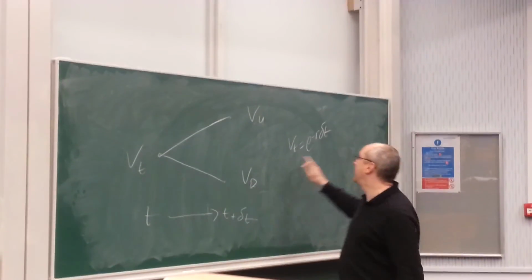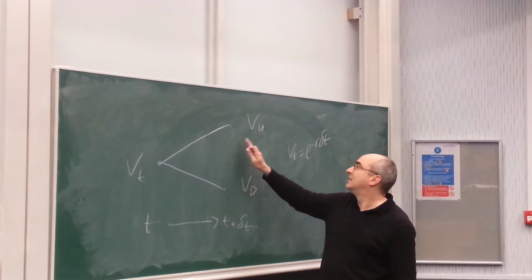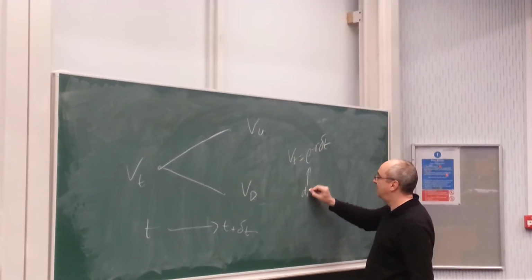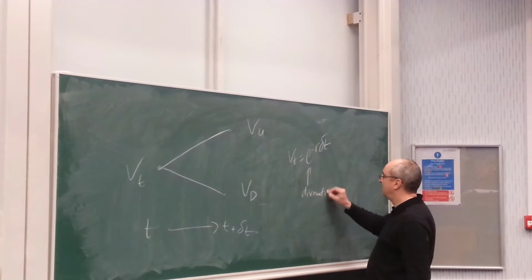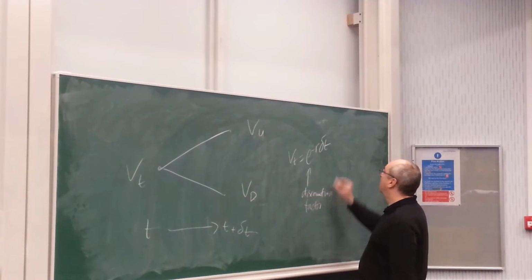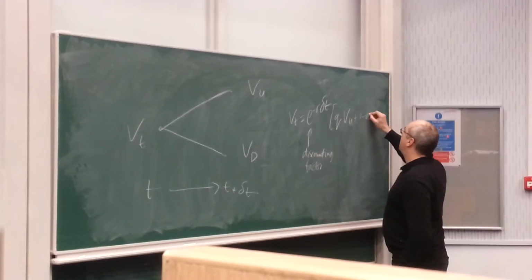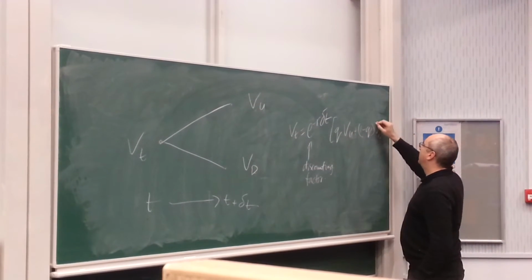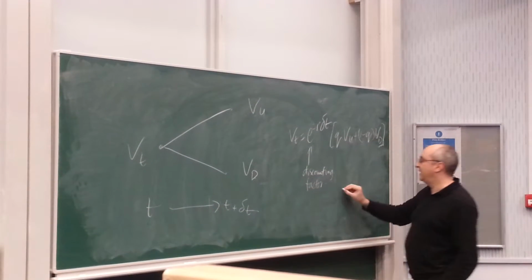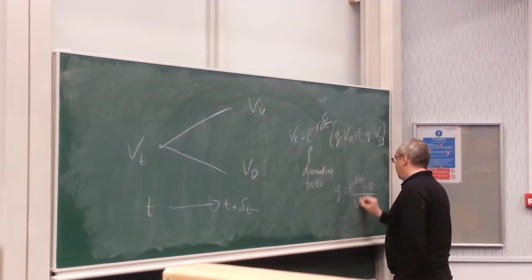So if you like, it's the amount of money I'd have to invest in order to get a certain amount at t plus delta t. So this is a discounting, times Q VU plus 1 minus Q VD, where Q is this funny number, e to the r delta t minus d over u minus d.